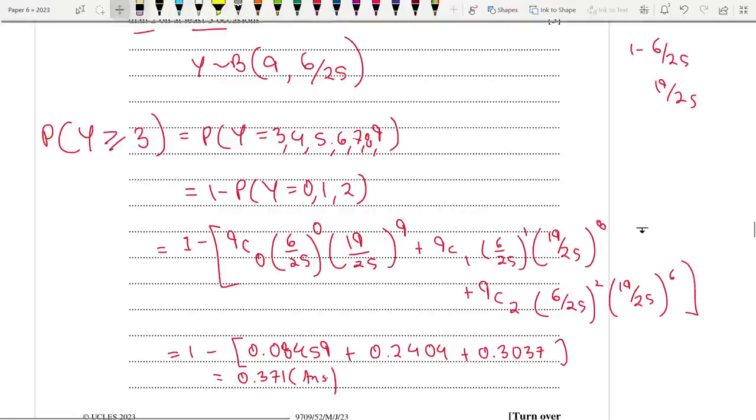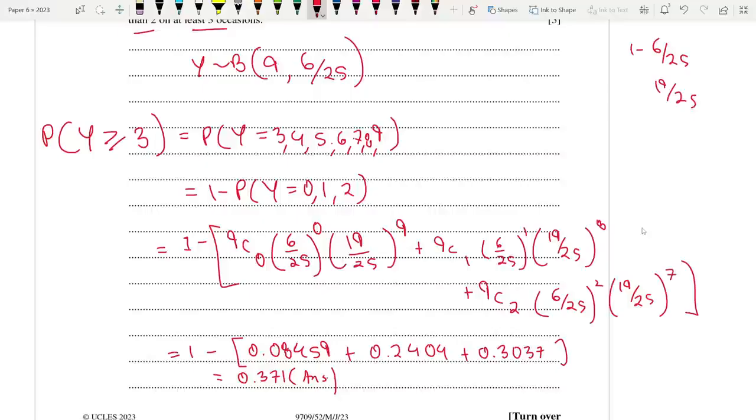Sorry, I made a mistake over here. It should be 7. That is why it wasn't matching. So now it's 0.3037. I copied it from the mark scheme, but just checked later.